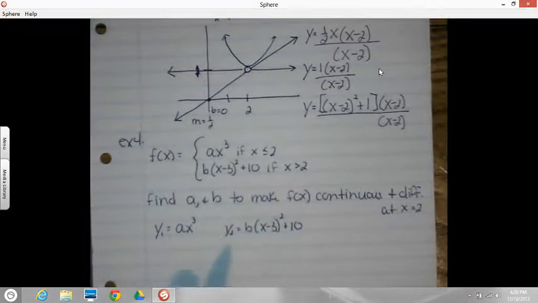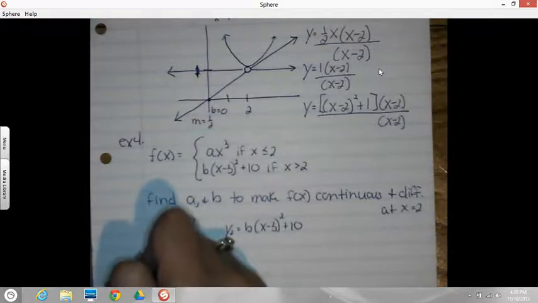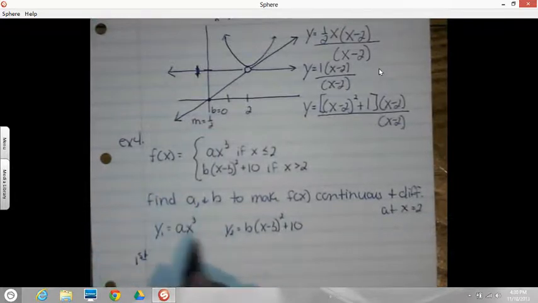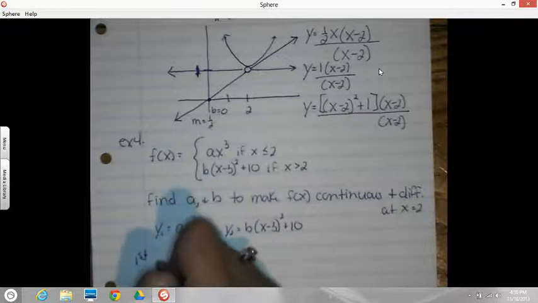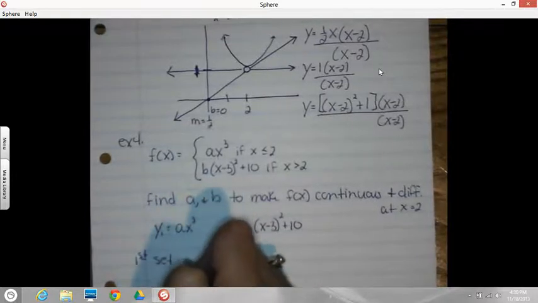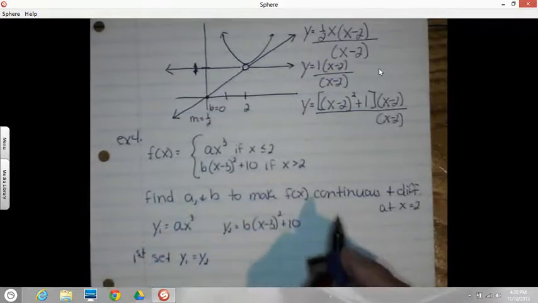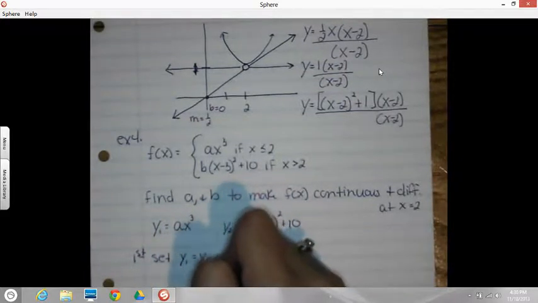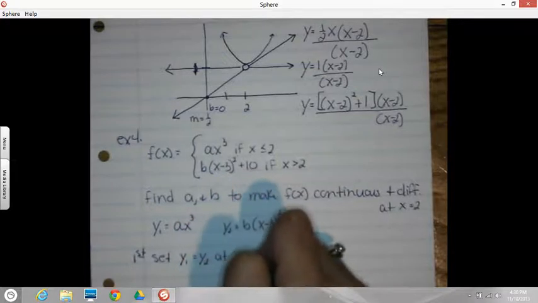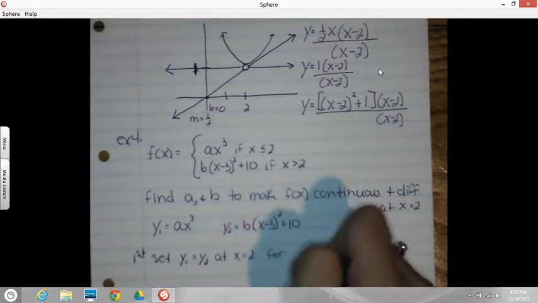So the first thing you want to do is set y1 equal to y2 at x equals 2 for continuity.